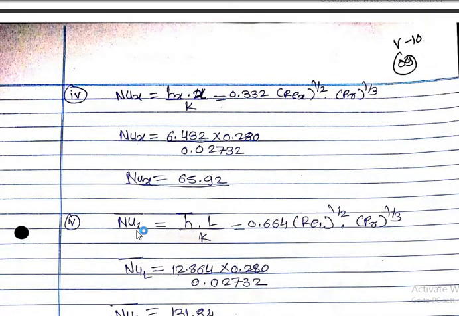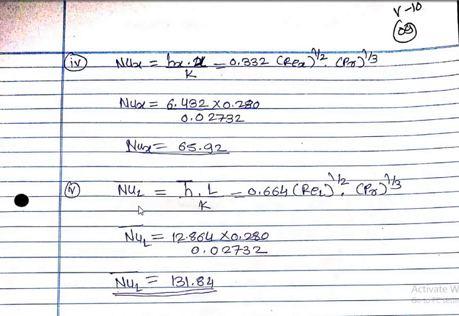Then the average Nusselt number we can find using the equation Nu_L bar, the average Nusselt number, equal to h-bar × L / k, equal to 0.664 × Re_L^(1/2) × Pr^(1/3), where Re_L is the average Reynolds number. Since we have already calculated the average heat transfer coefficient, we will use this equation.